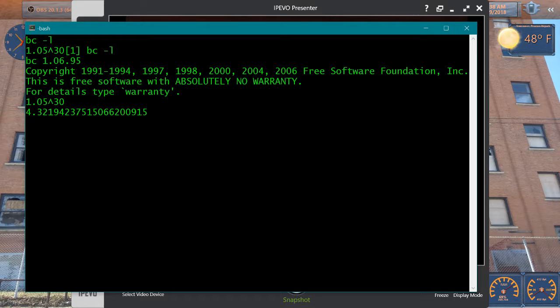So after 30 years, you've got 4.3 times your original principal. So if you started with $1,000, you got $4,300. Of course, if you started with $1 million, you've got $4.3 million now.